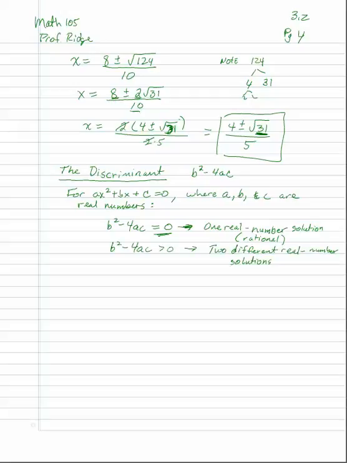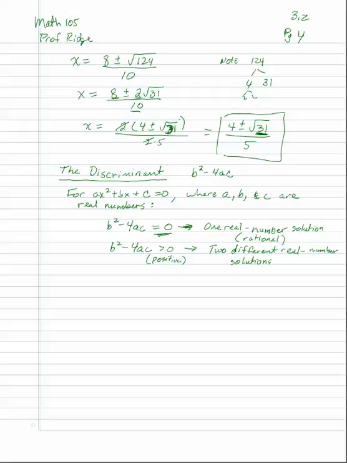If the discriminant's greater than 0, so if it's positive, that means you're going to get 2 different real number solutions. And we can know a little more. If it's positive and it's also a perfect square, then it'll be rational. If it's not a perfect square, like the one we did above there, it'd be 2 different irrational solutions.